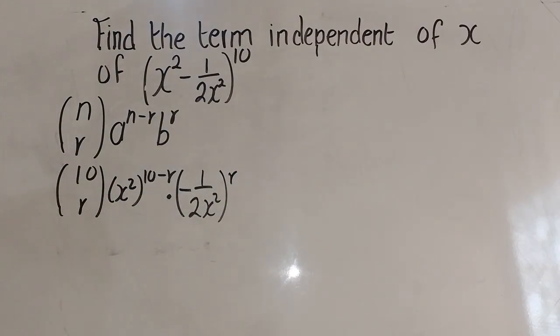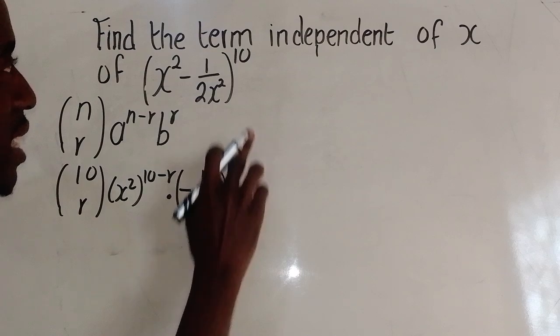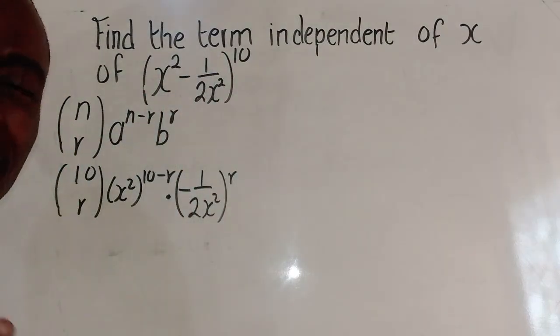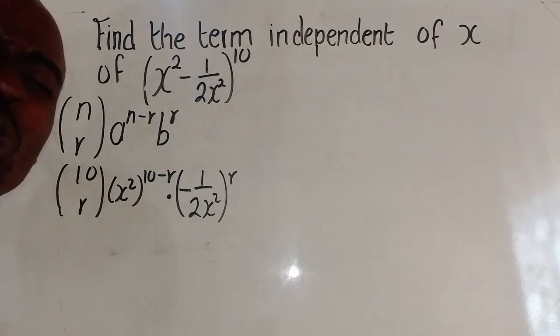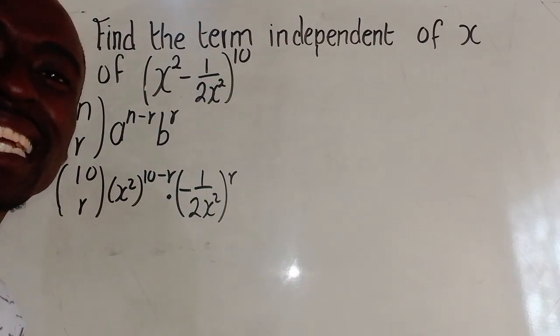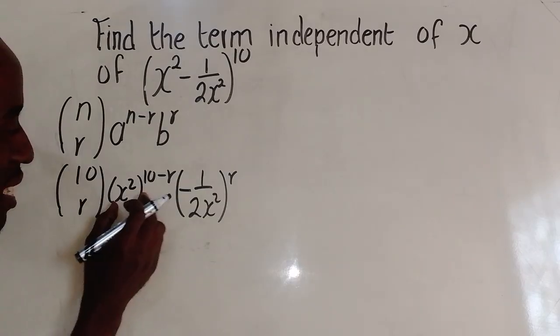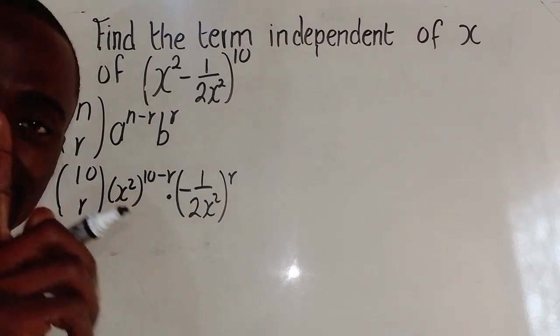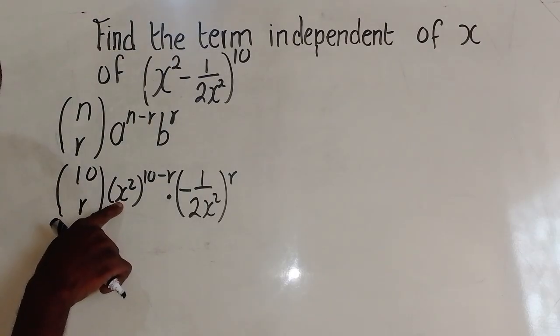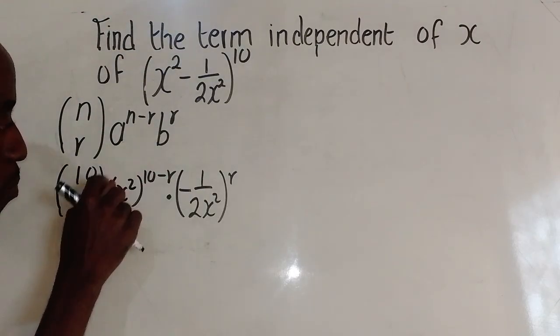We continue. Now, when they say term independent, I want you to pay attention here. When they say independent, you only focus on the x part. So this is the x part, where x is only alone. So meaning you're supposed to get this part.